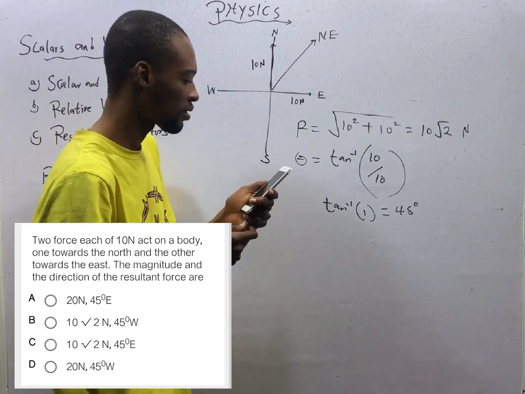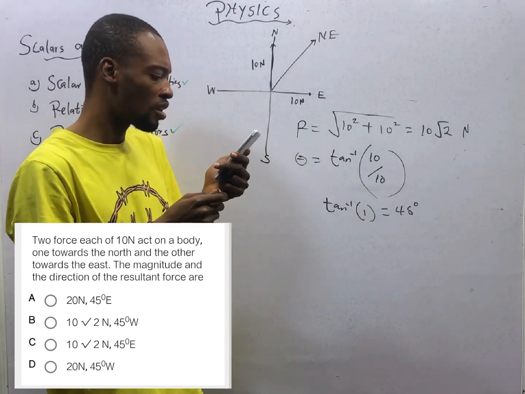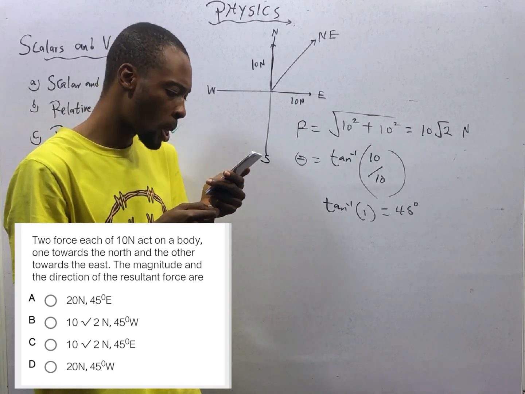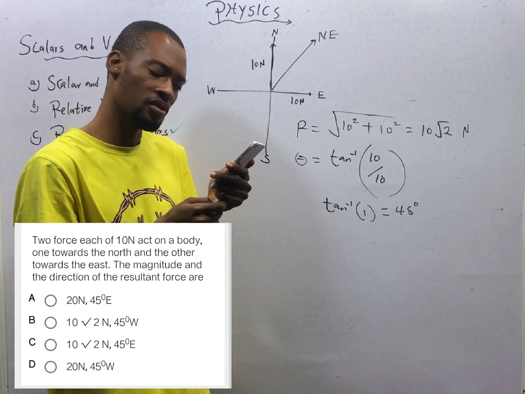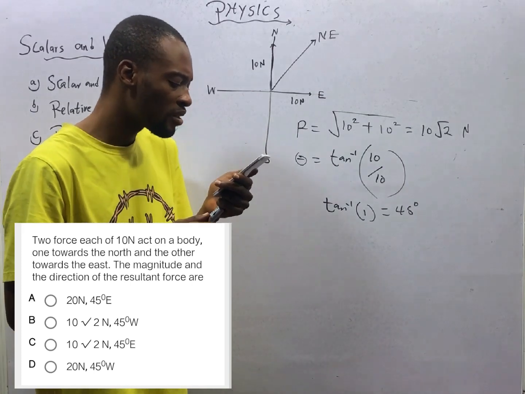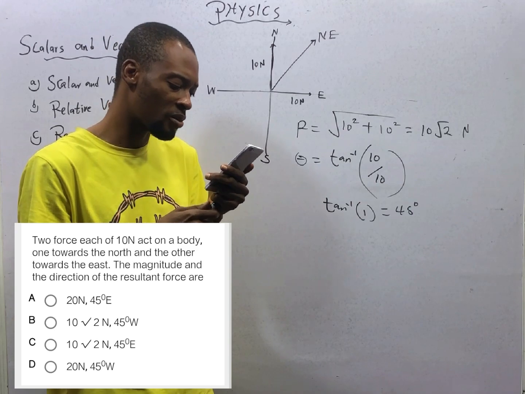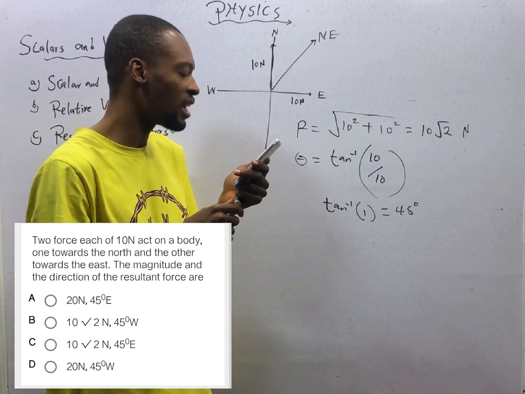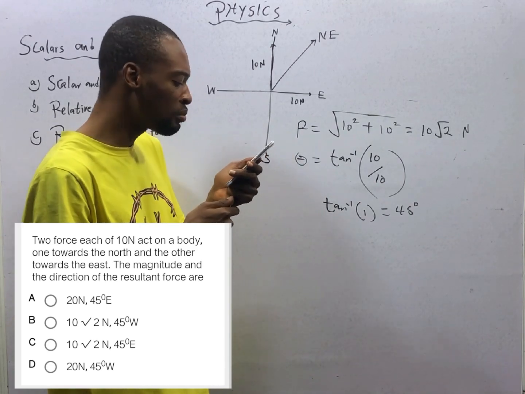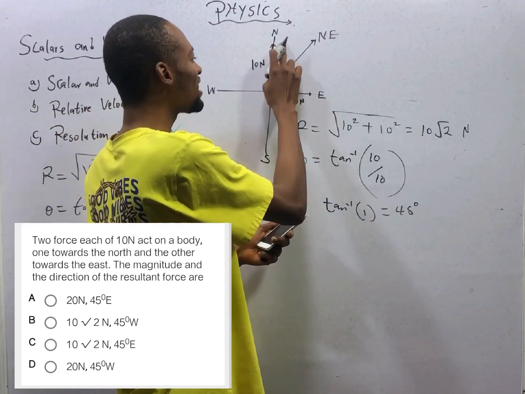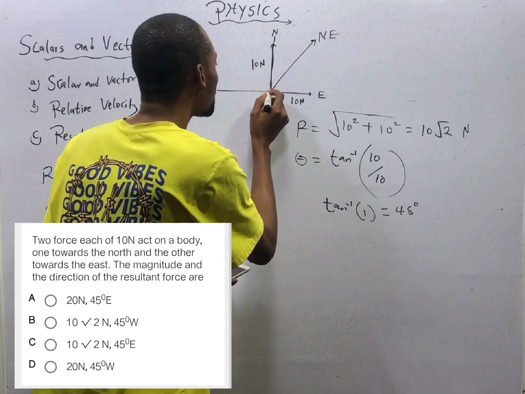From the options, option A is wrong, option D is wrong. Now, B and C, in terms of magnitude of the resultant, are correct. How about the direction? Is the body moving towards the west? Obviously, there is no way the forces acting here and here will move the body in this direction.